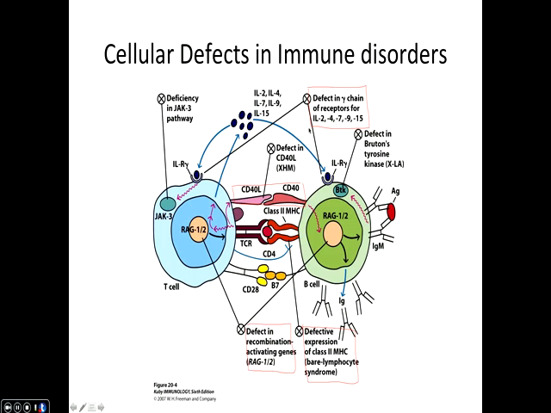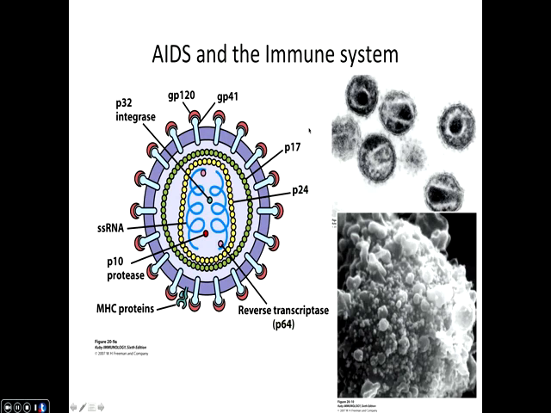now I want to switch gears and talk a little bit about HIV virus or AIDS. It's obviously an important thing to talk about in the immunology class, because these viruses affect immune cells, and particularly T helper cells.